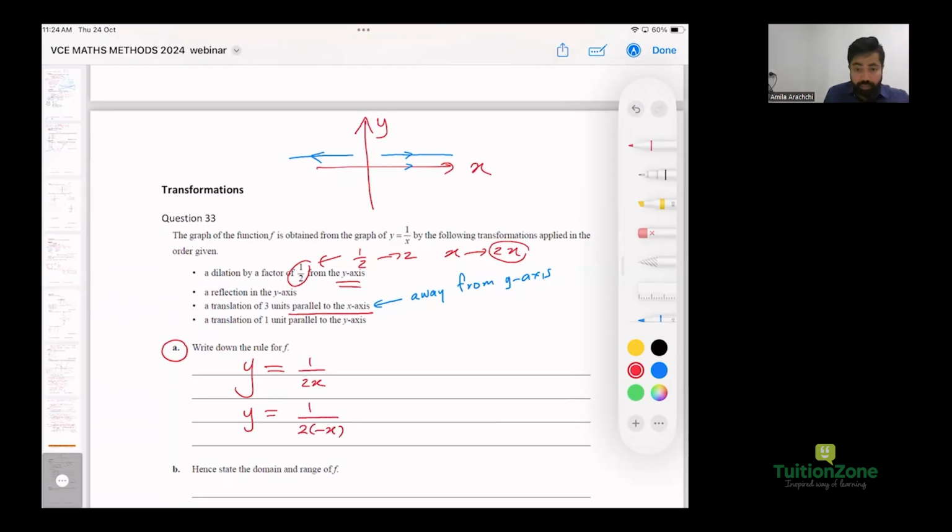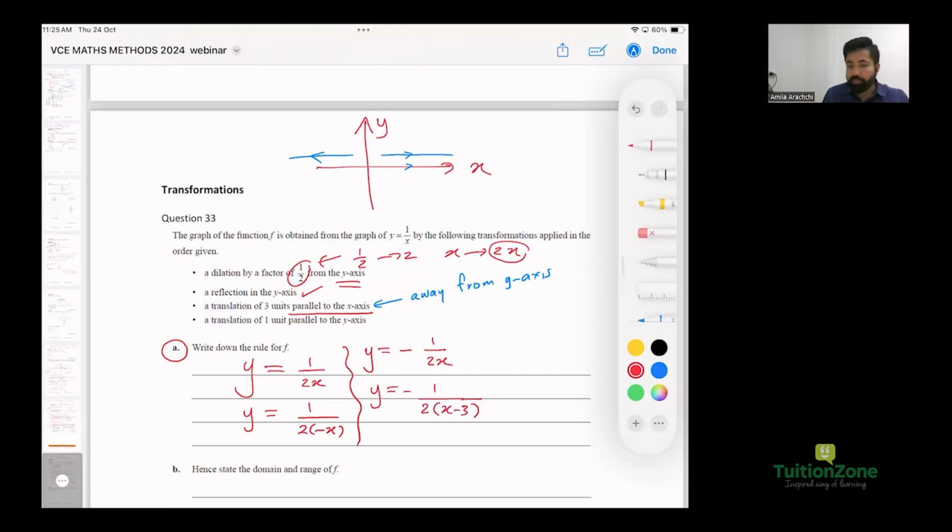I'm just doing the proper concept, but you can write them differently. I can take the negative out fully, and that's the same. Then a translation of 3 parallel to the x-axis means x becomes x minus 3. Not the 2x. X becomes x minus 3.